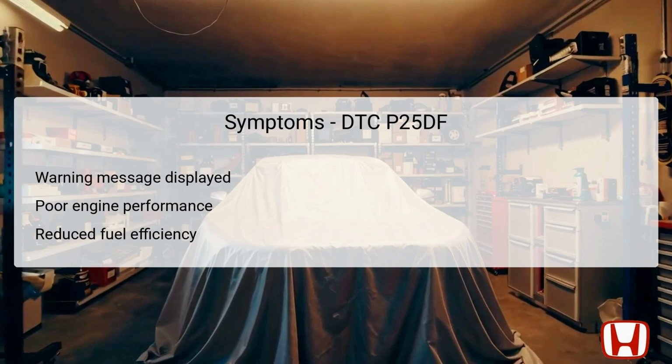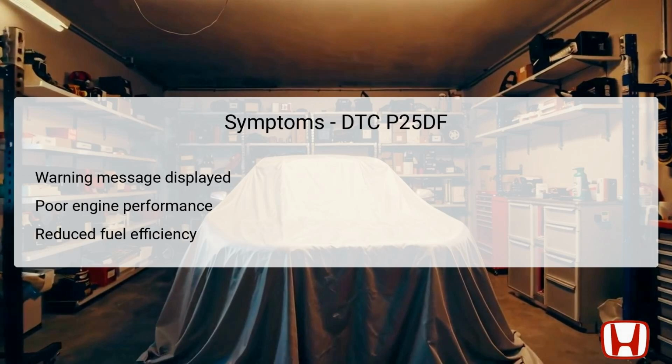DTC P25DF may manifest several symptoms that indicate an underlying issue with the VTC system. One primary symptom is the appearance of a warning message on the vehicle's gauge display, potentially alerting the driver to engine performance issues. Additionally, as the VTC system malfunctions, drivers may experience poor engine performance, such as reduced power or responsiveness during acceleration.